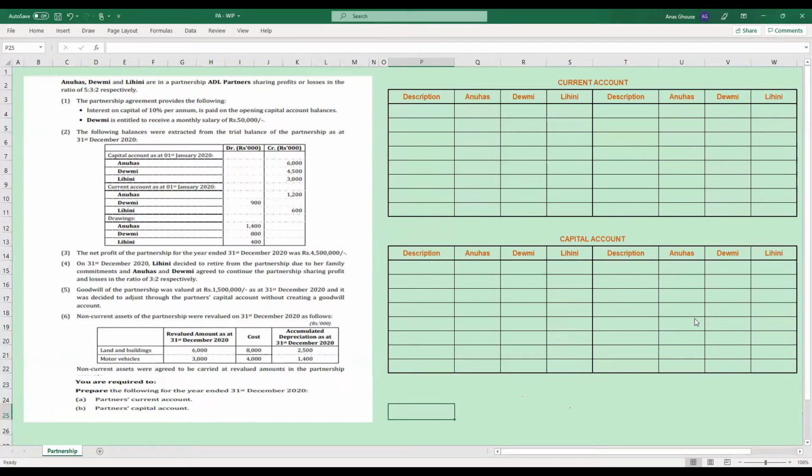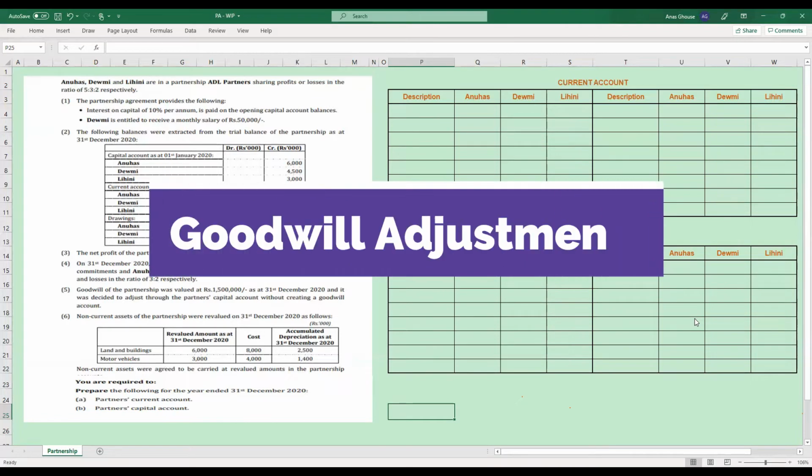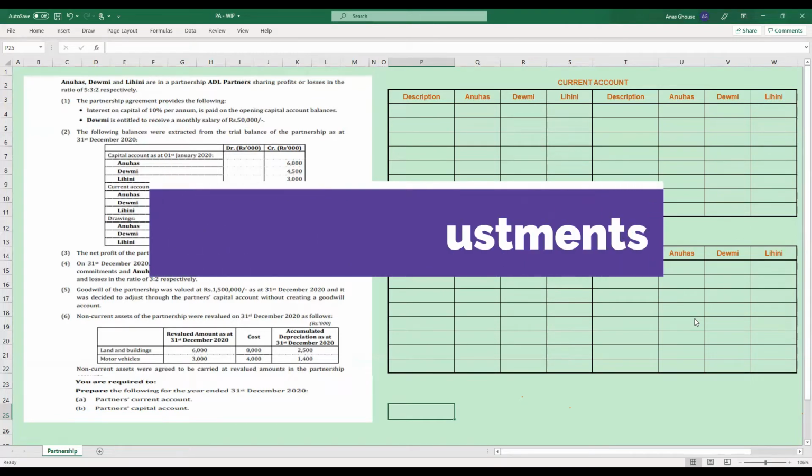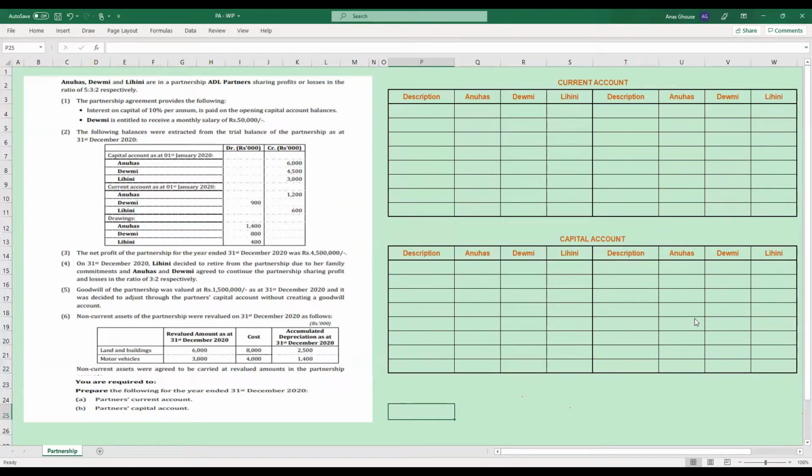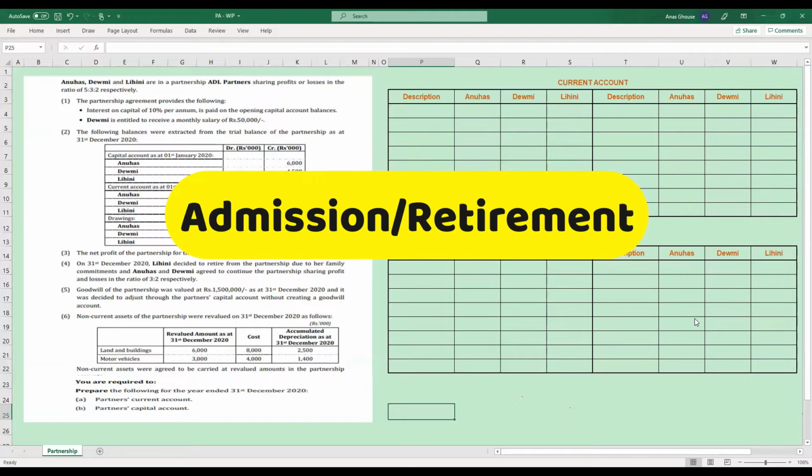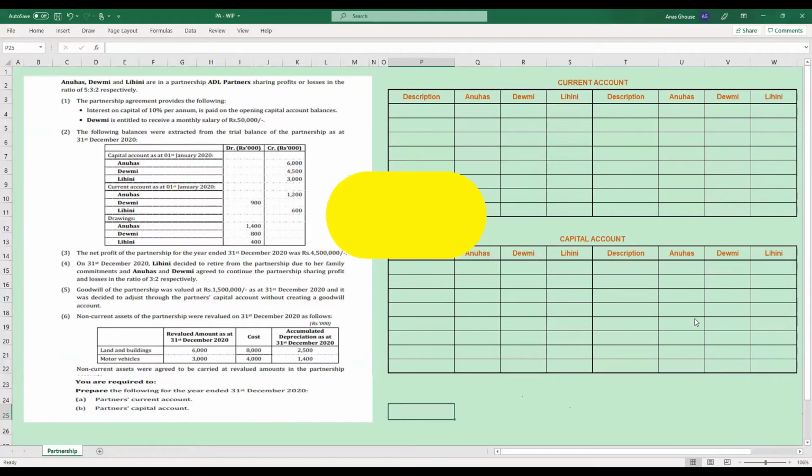Then transactions such as goodwill adjustments. When a partner is admitted or retired from a partnership, the goodwill has to be calculated and adjusted in the capital account. So that is the goodwill adjustment.